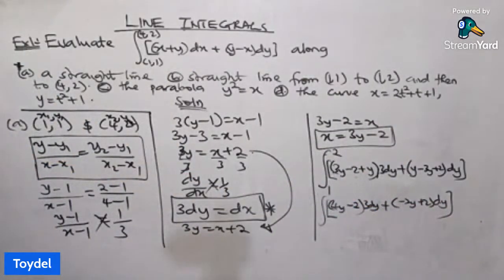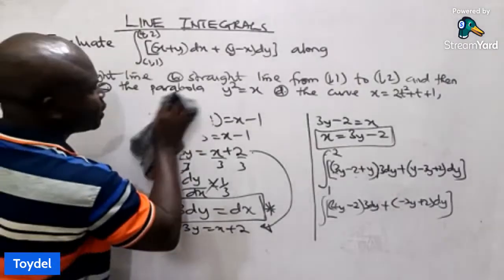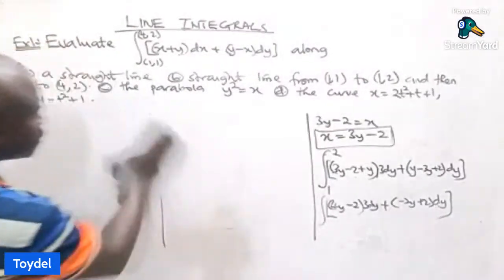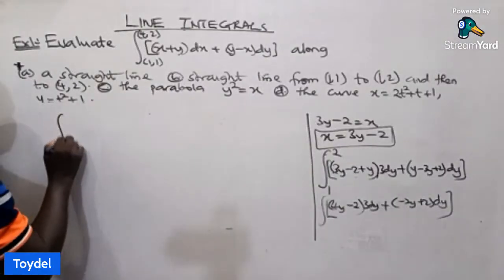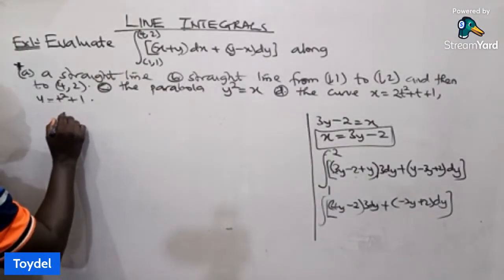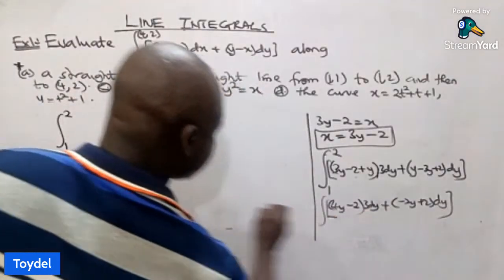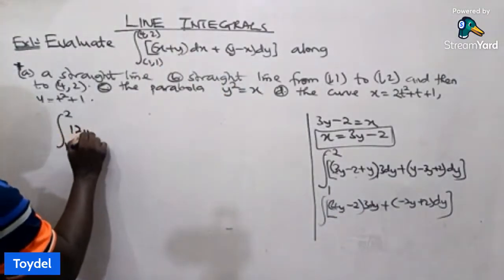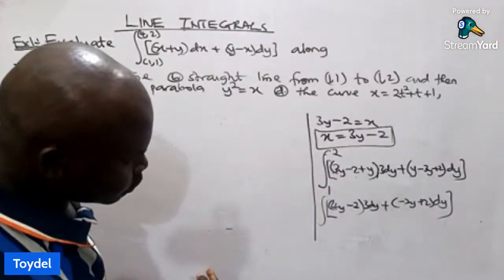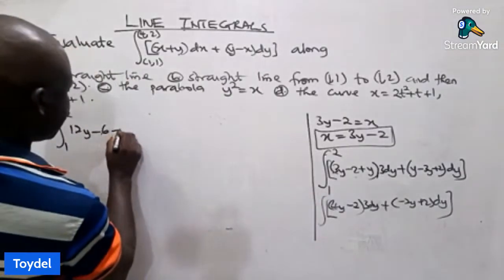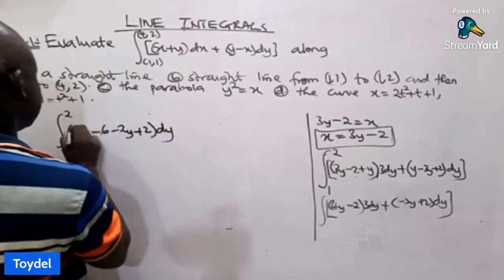So from there, let's see what we are going to get. The integral from 1 to 2. If I multiply with what I have here, I'm going to get 12y minus 6. I want to multiply all through. 12y minus 6 minus 2y plus 2, everything into bracket dy.